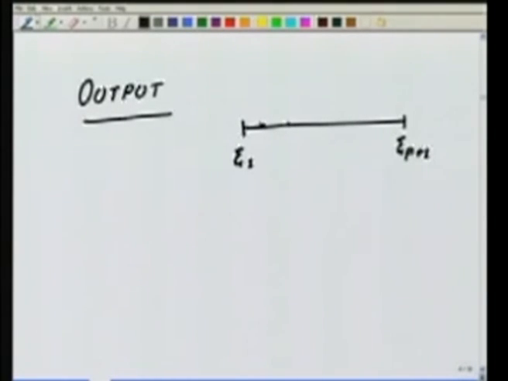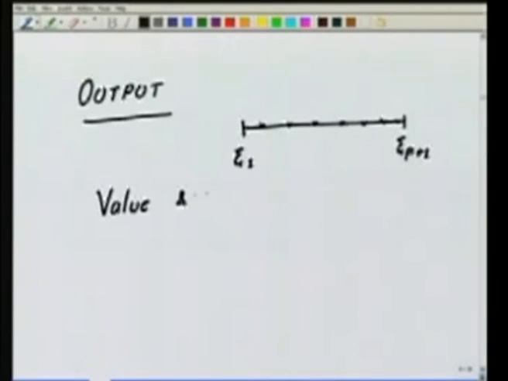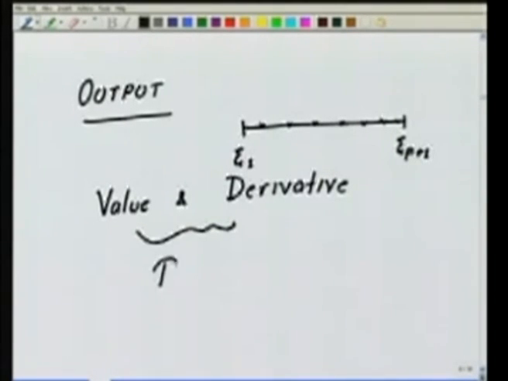I can take a smaller set of points, and at each of these points output the value and derivative and plot it using a suitable plotting program, and see whether these functions actually look the way we have been drawing them.